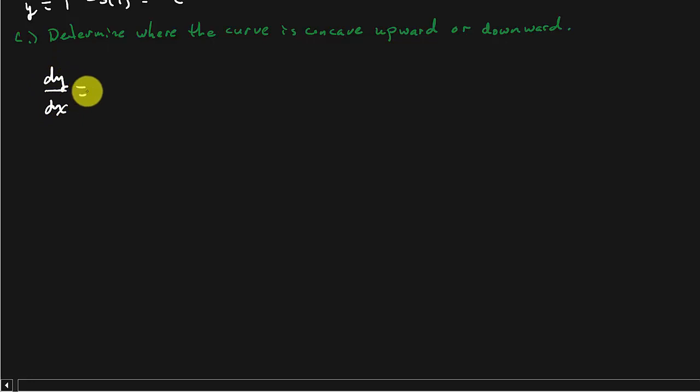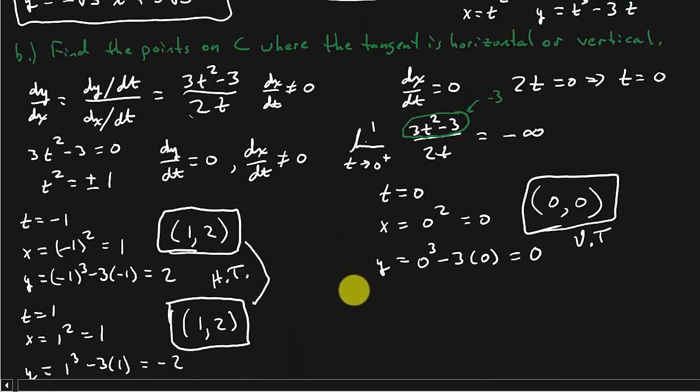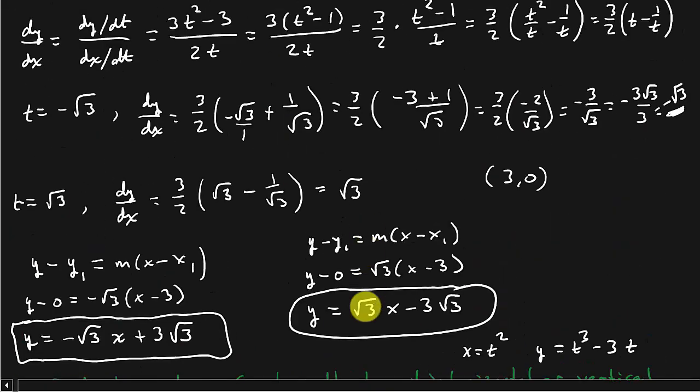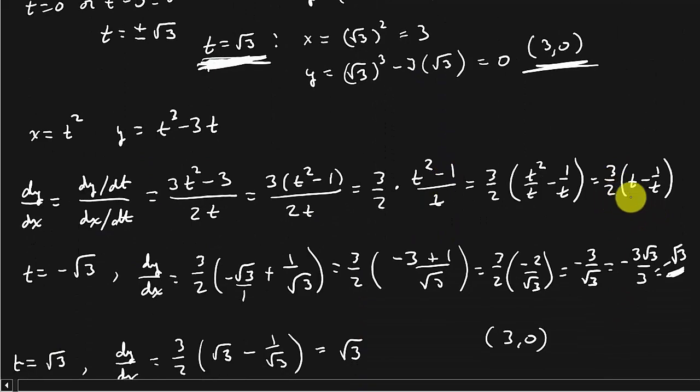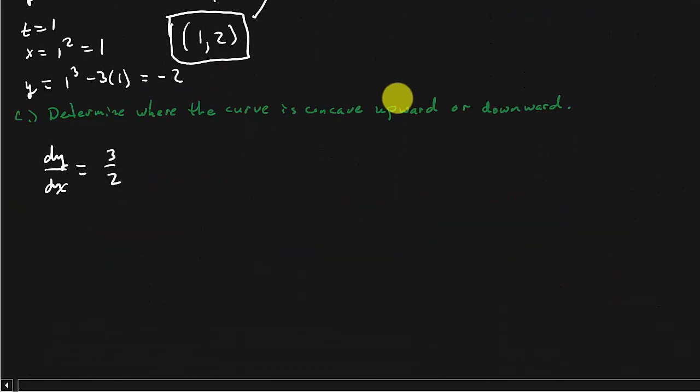We know that dy/dx is 3/2 times t minus 1 over t.